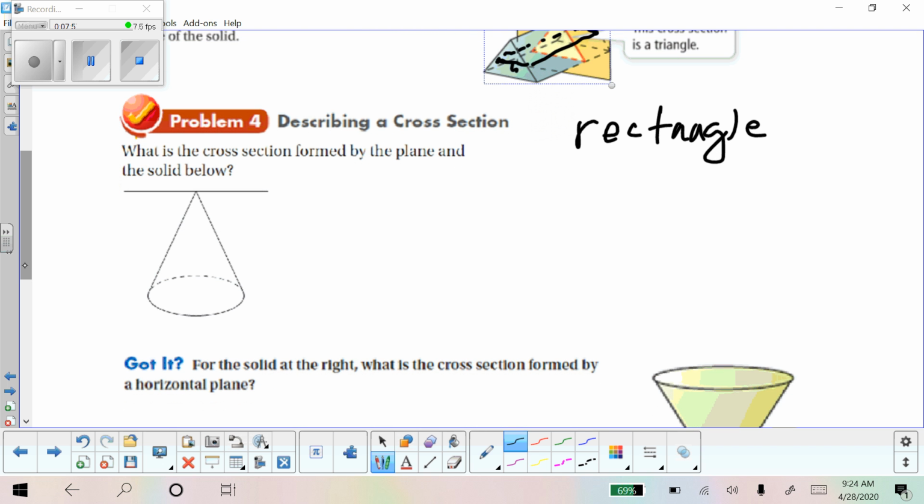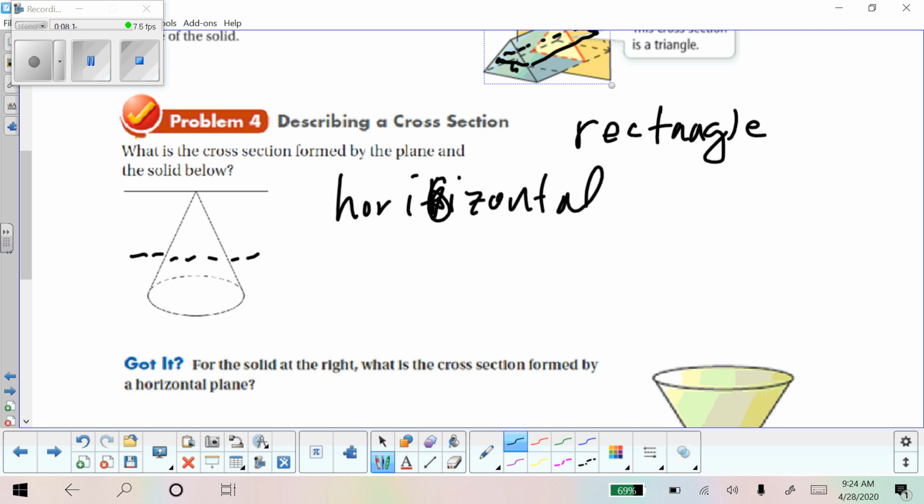All right, so if we cut this cone horizontally, nice spelling there. So we cut it right here, what you would get is a circle.